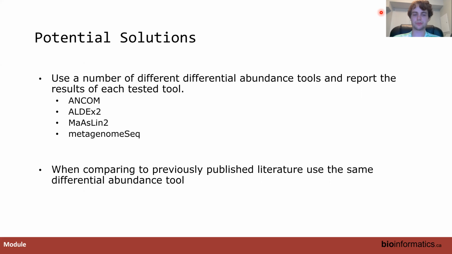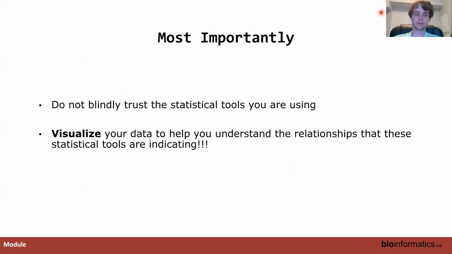And finally, the most important thing when thinking about differential abundance or even any of these statistical tools in general is that you shouldn't blindly trust the statistical tool you're using. You shouldn't just assume that the tool is perfect and it's going to pull out the correct relationships. You should always visualize the data to help you understand the relationships that these statistical tools are indicating.